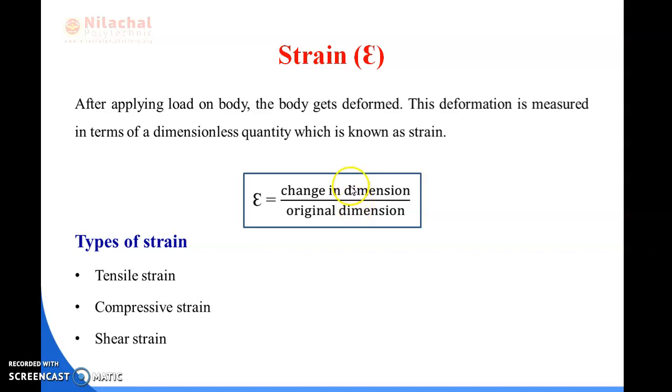If we take the ratio, centimeter by centimeter, the strain has no units; it is a unitless quantity. The strain is denoted by epsilon, and epsilon equals change in dimension divided by original dimension. If you apply a load along the length and there is a change in length, then strain equals change in length divided by original length.